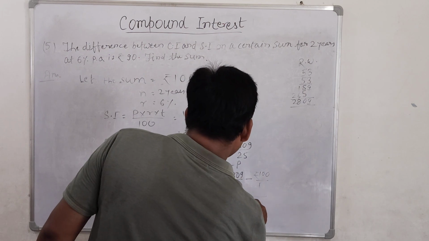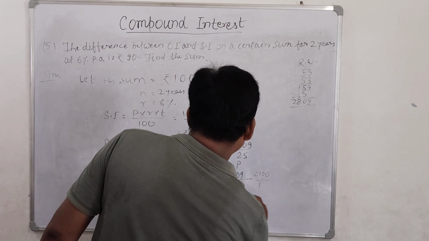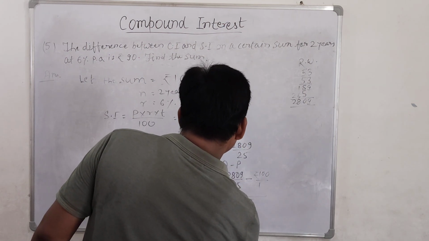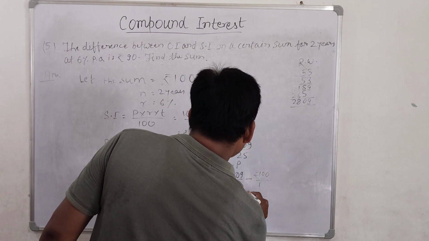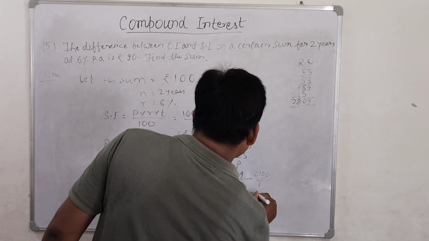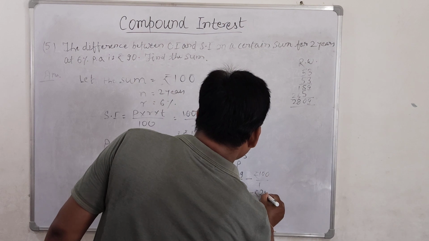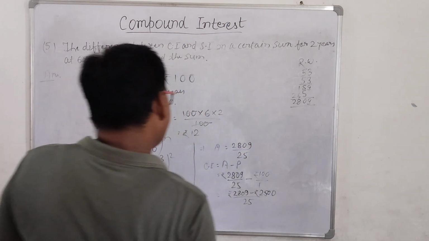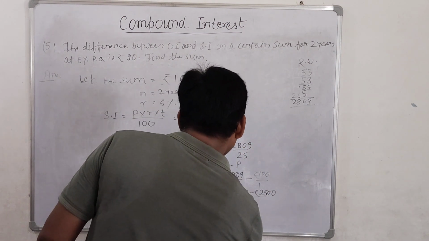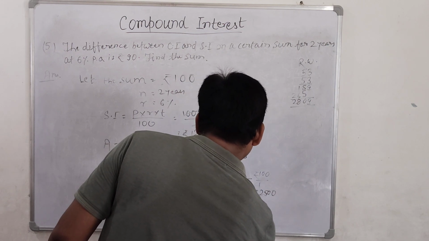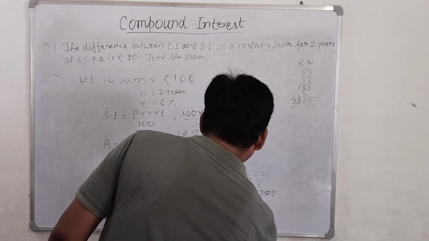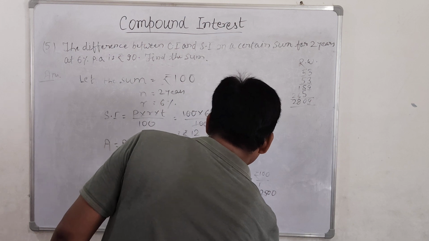So it is (2809 minus rupees 2500) upon 25, that is rupees 309 upon 25. This is CI.